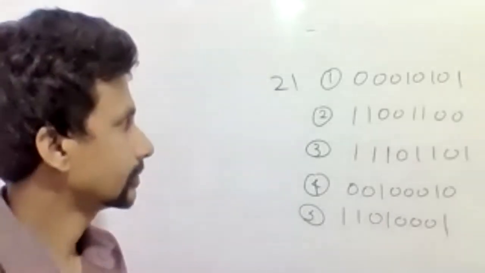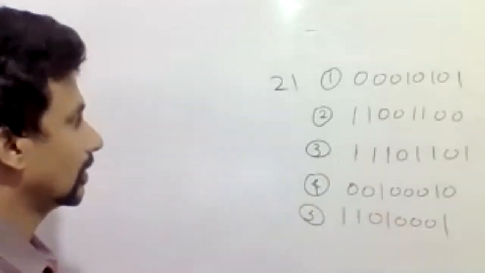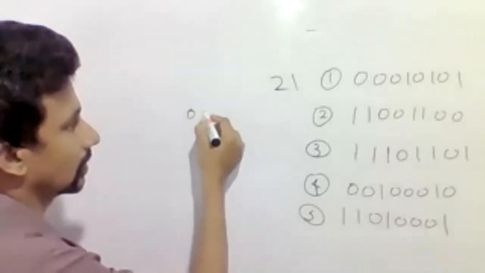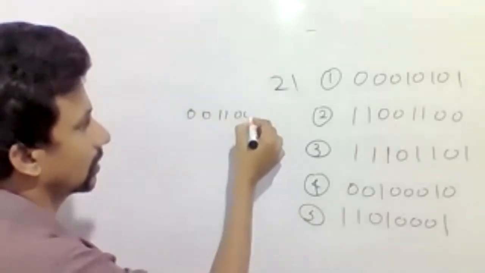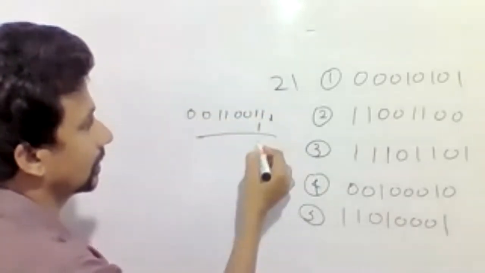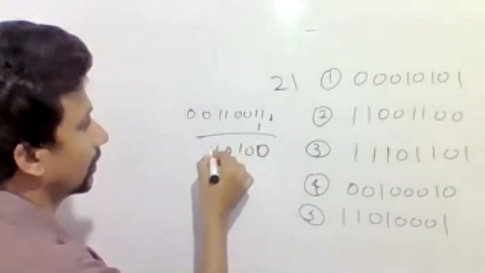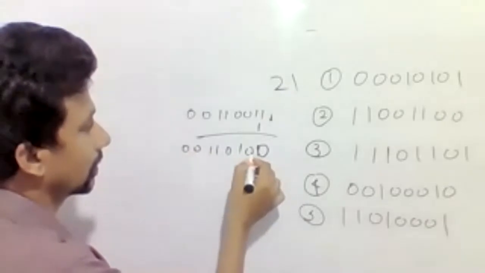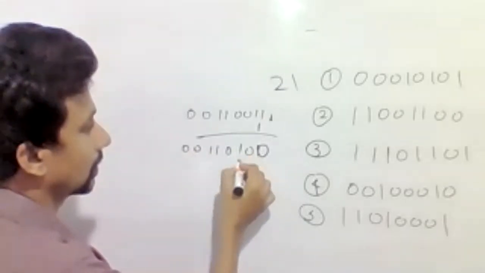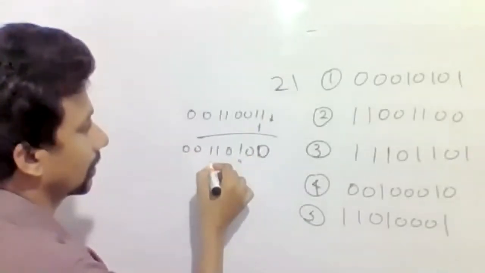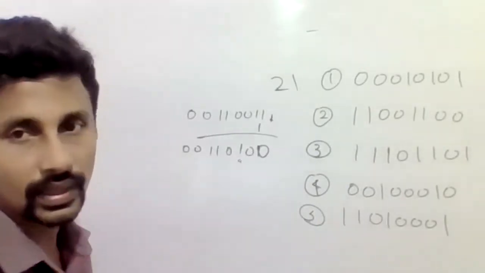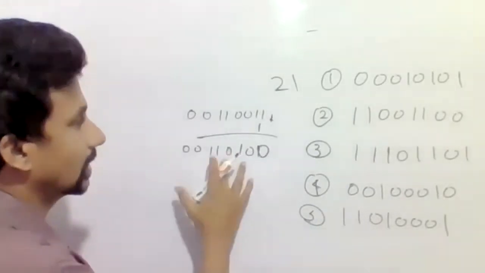Next one, you have to flip the bits: 0, 0, 1, 1, 0, 0, 1, 1, add 1 here, 0, 0, 1, 1, 0, 1, 0, 0. That is 52. So there you get minus 52.